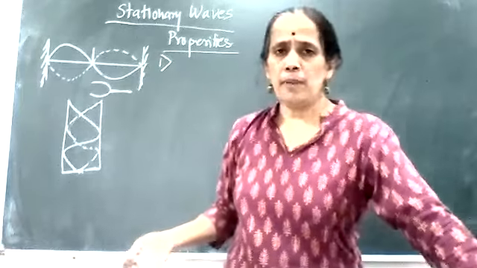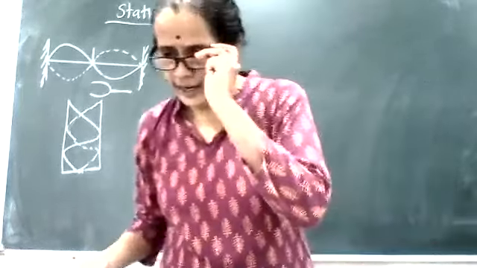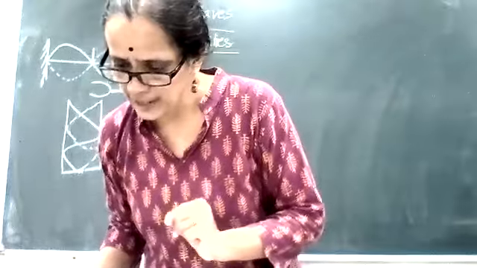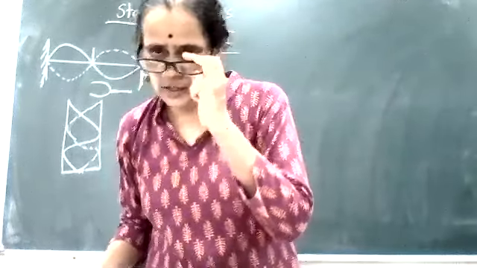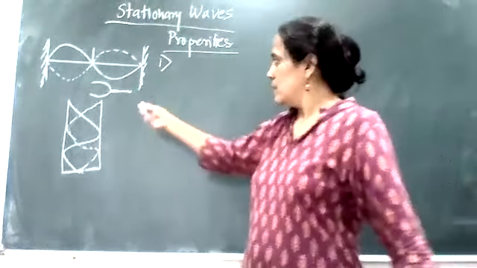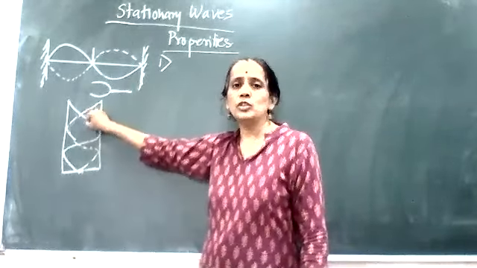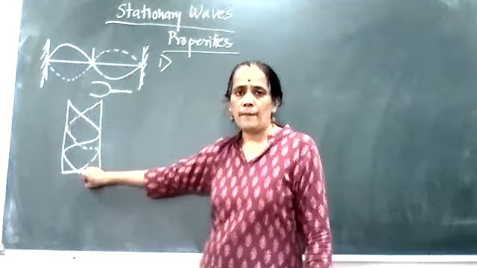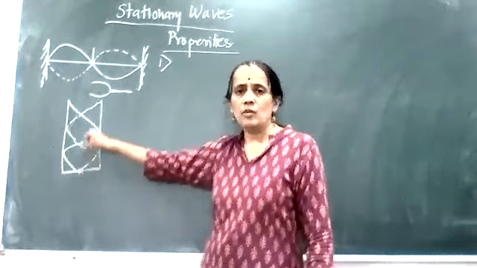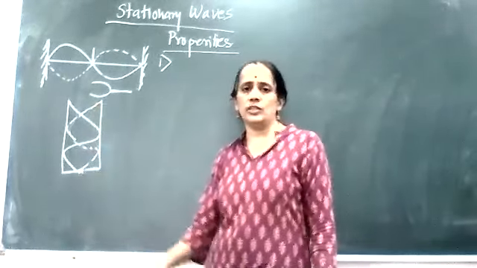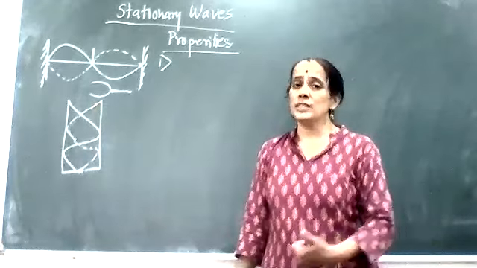Similarly, for a pipe whose one end is closed, inside the pipe there are two longitudinal waves. When these two longitudinal waves get superimposed on each other, what is the condition?